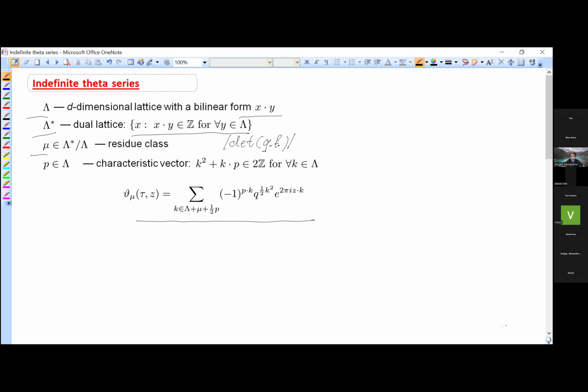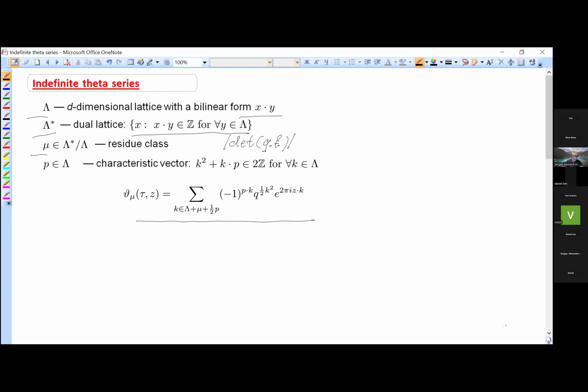All right, so you fix mu. I'm a bit confused. No. Mu is rational, therefore it's a non-trivial shift. Okay, good.